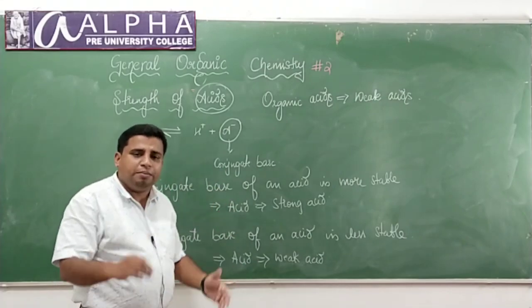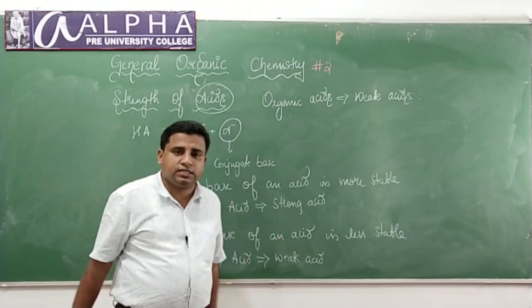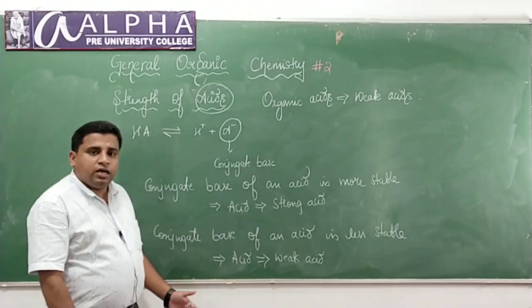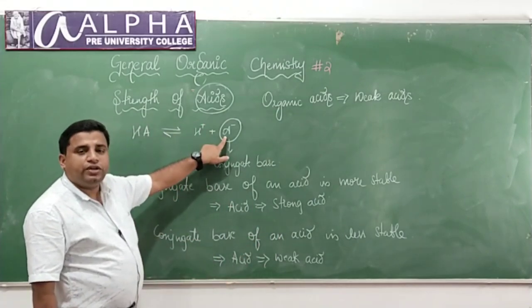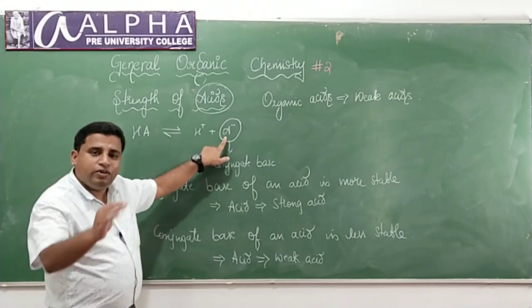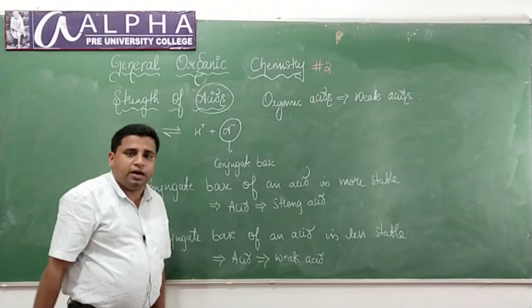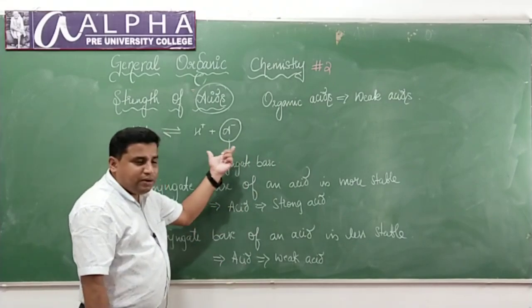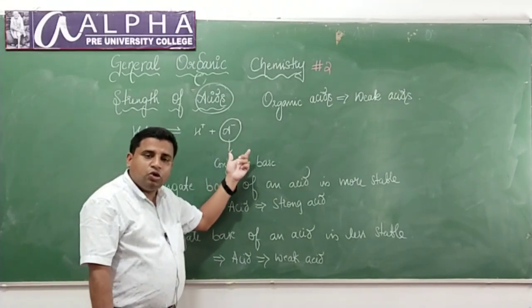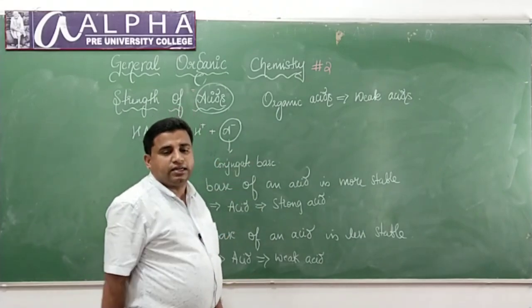So any phenomenon, any process that increases the stability of this conjugate base will increase the acidic nature. Any process or phenomenon which decreases the stability of this conjugate base will decrease the acidic character.